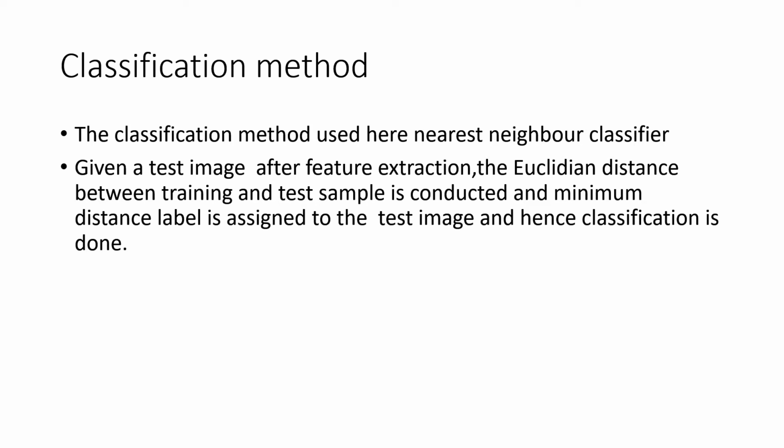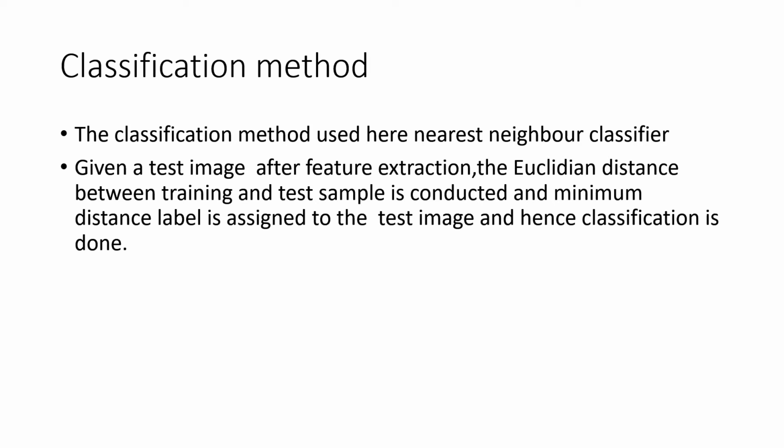Now after the feature vectors are derived from the image, we are going to classify using classifying techniques such as Bayesian or nearest neighbor classifier. In this, we have used the nearest neighbor classifier for classification. This is applied as follows.